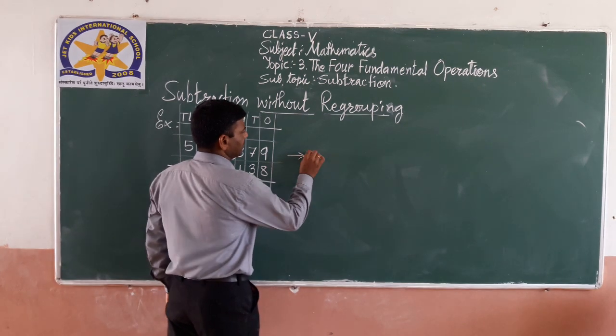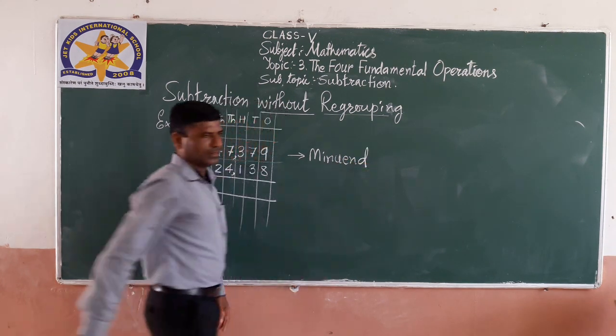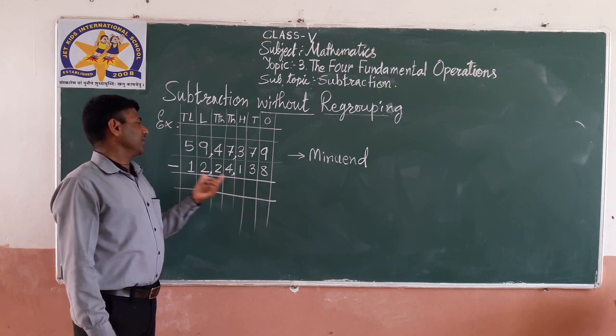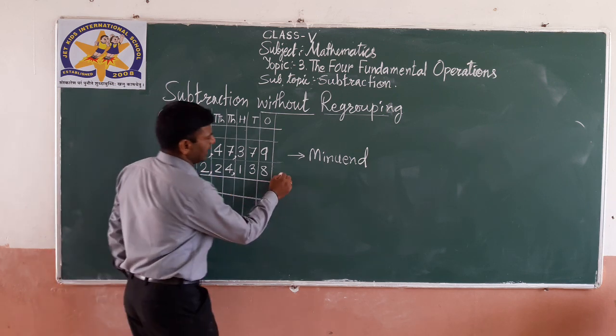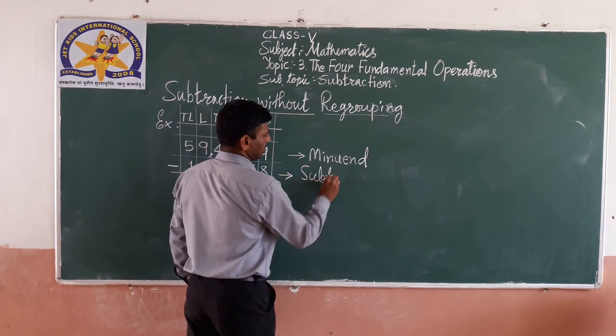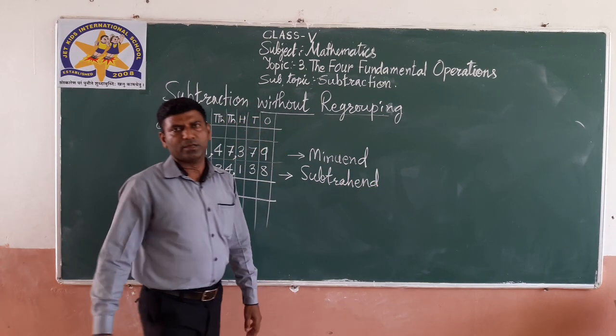What do we call it? Minuend. And the term or the number which we are going to subtract from the bigger number, we call it the subtrahend.